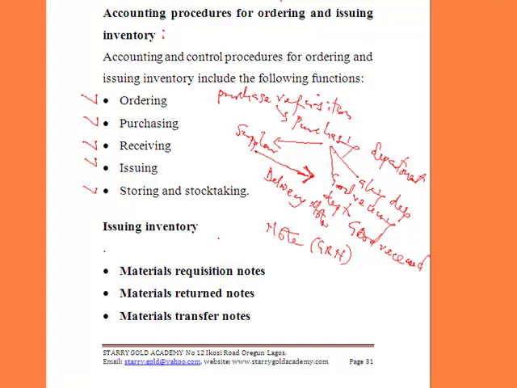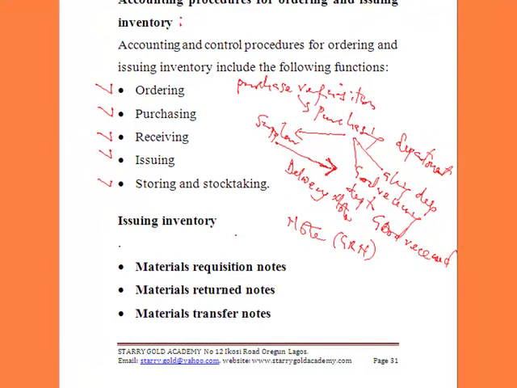Once this goods received note has been raised, it is attached to the relevant purchase order that was forwarded to them from the purchasing department, and they send it back to the purchasing department.